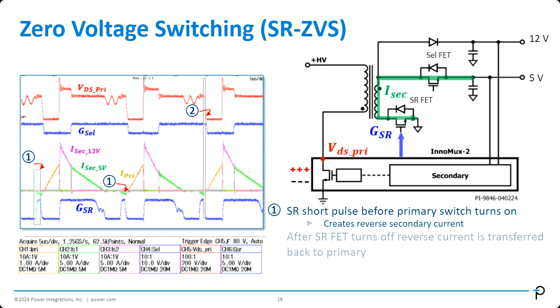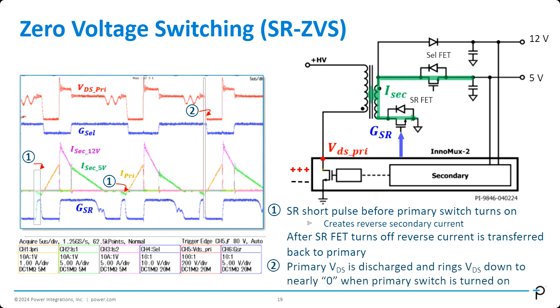Because if we turn off the SR, then the reverse current gets commutated back to the primary side, also creating a reverse current on the primary side, discharging the voltage across the VDS primary node. So the current direction is from the VDS primary node back to the high voltage rail. By having that reverse current, the energy or voltage across this VDS node gets discharged fully.